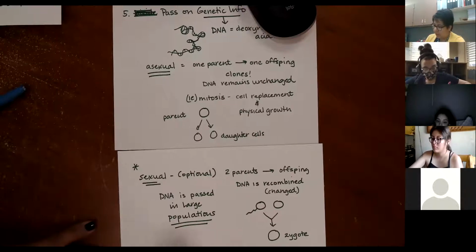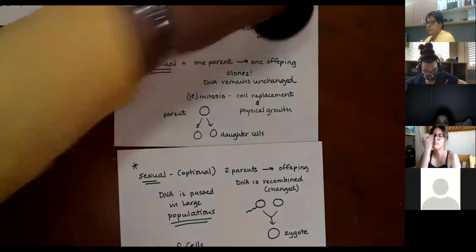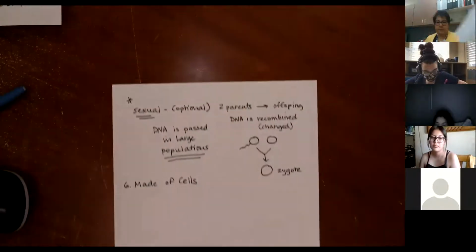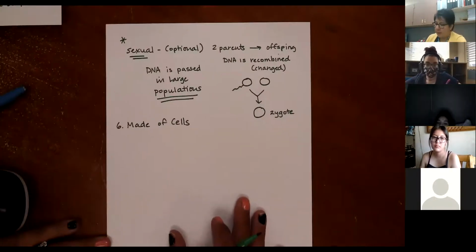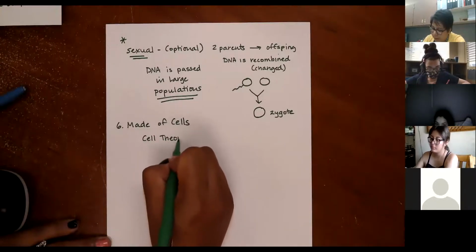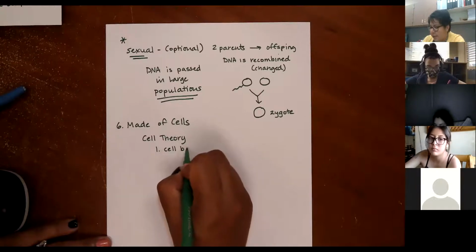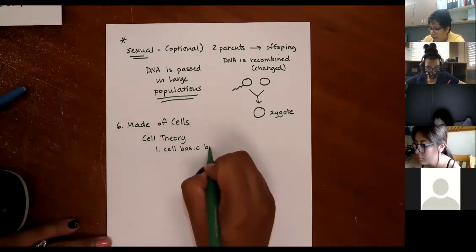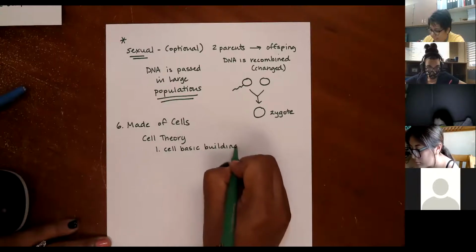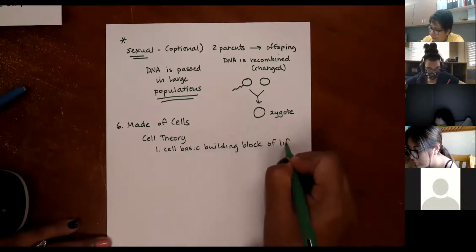Speaking of cells, that's our next one here. Living things have to be made of cells. There's this idea called the cell theory. 3 statements. And the first part is the cell is the basic building block of life.